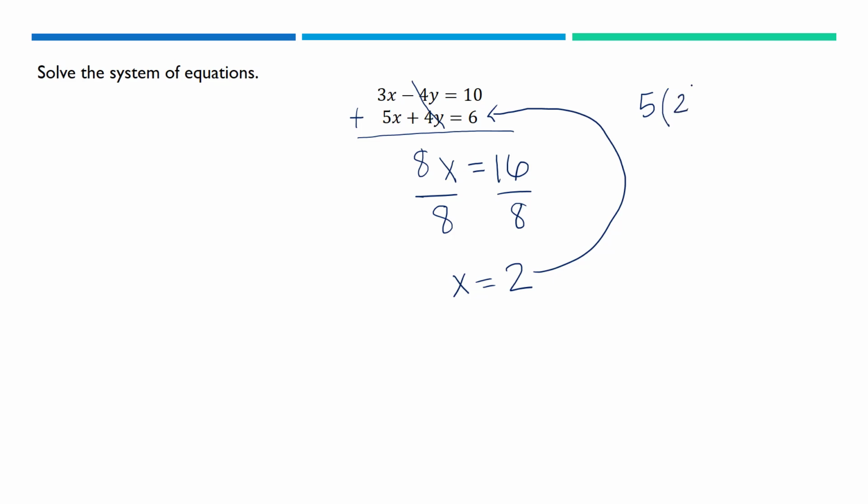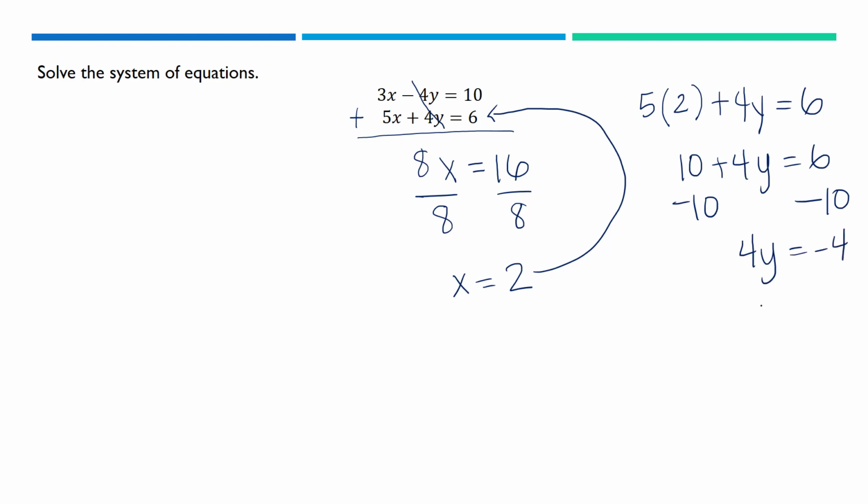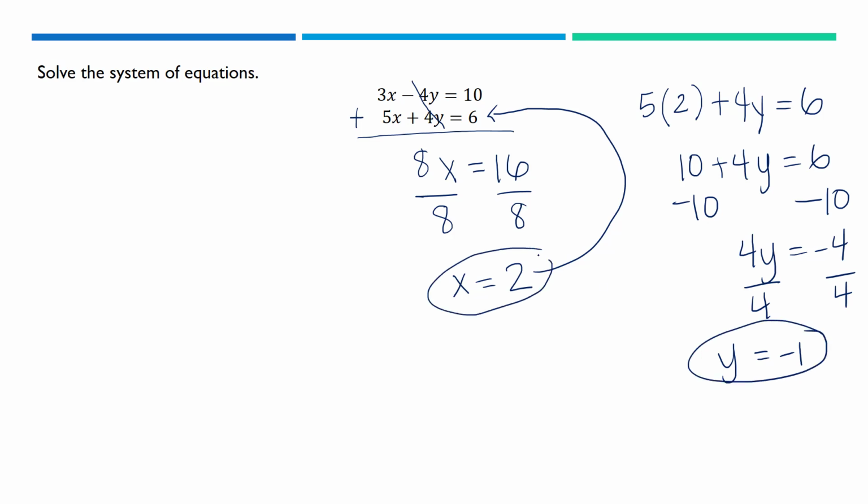If x is 2, 10 plus 4y is 6. 4y is negative 4, which would give me a y value of negative 1. (2, negative 1) is my solution. I'll leave the check to you on this one.